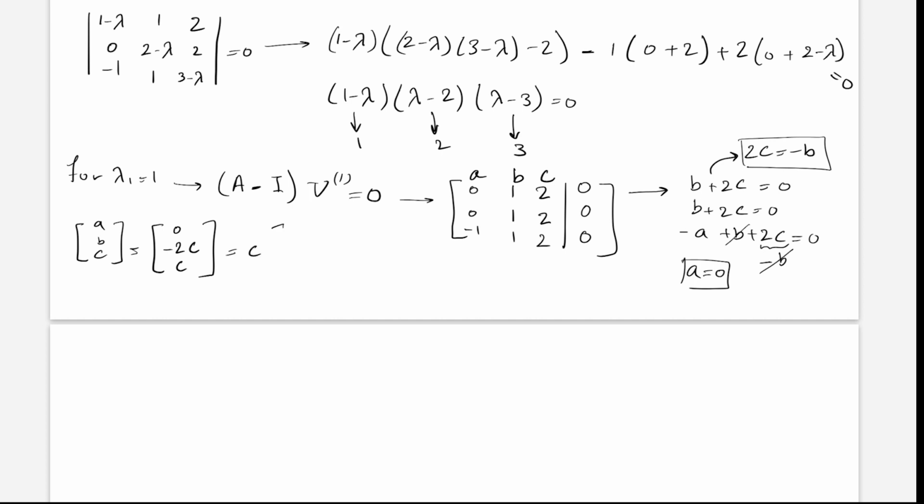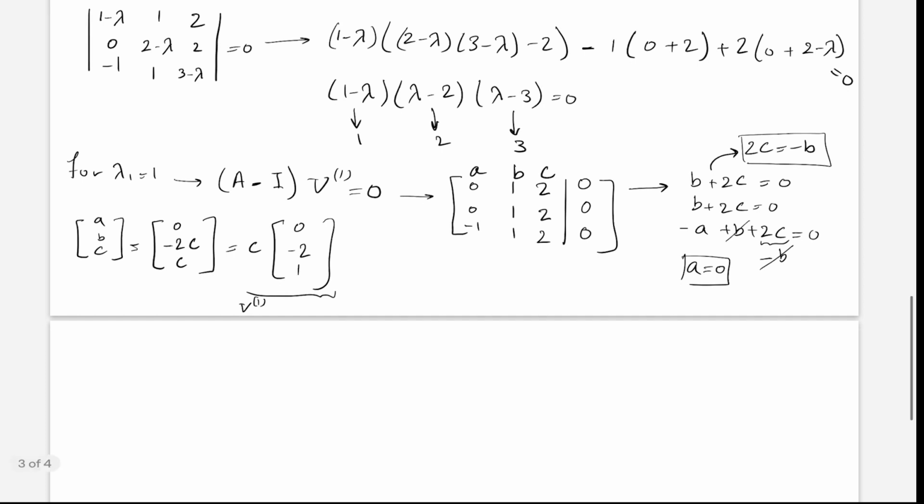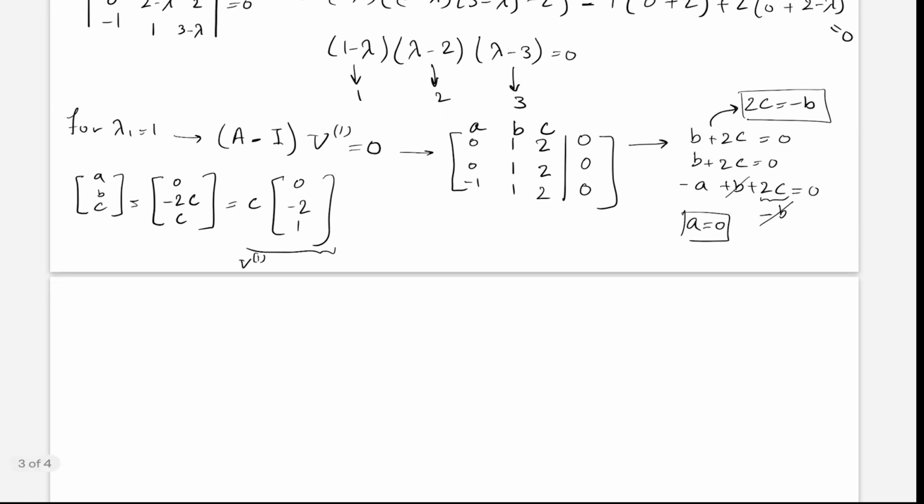If we factor out the constant c, this will be 0, minus 2, 1. This will be our eigenvector, which I'm calling v1. So for lambda 1 equal to 1, we found the corresponding eigenvector. We will repeat the same procedure for all the other eigenvalues to find the corresponding eigenvectors.